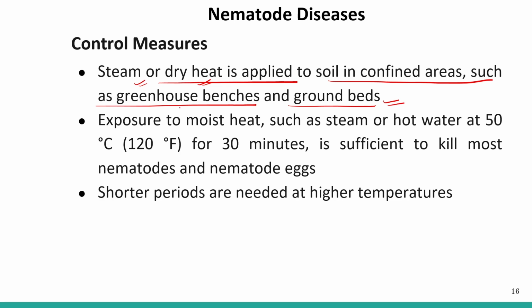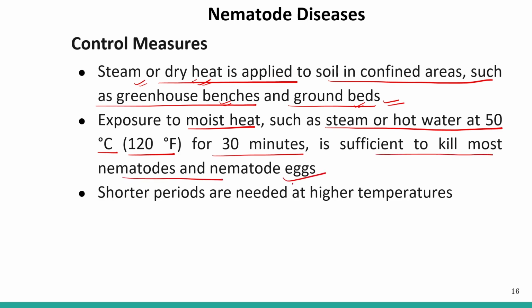Exposure to moist heat such as steam or hot water at 50 degrees centigrade, that is 120 Fahrenheit, for 30 minutes is sufficient to kill most of the nematodes and nematode eggs.